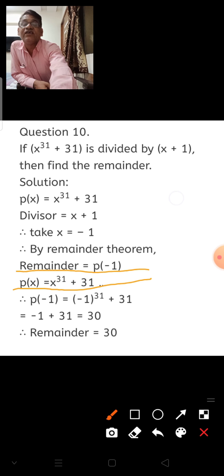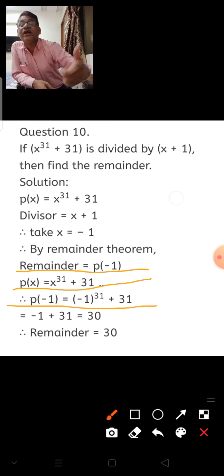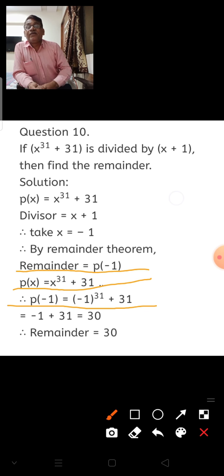So p of minus 1 is equal to minus 1 raised to 31 plus 31. Now minus 1 raised to 31 is always minus 1. See, minus 1 raised to 1 is minus 1, minus 1 raised to 2 is plus 1, minus 1 raised to 3 is minus 1. It means if the power is an odd number, then you get minus 1 as the answer.